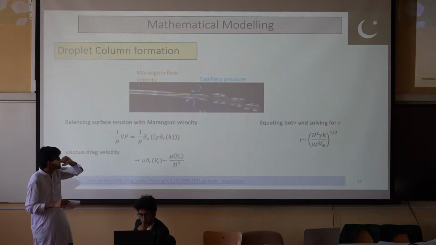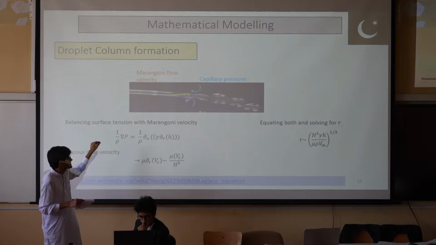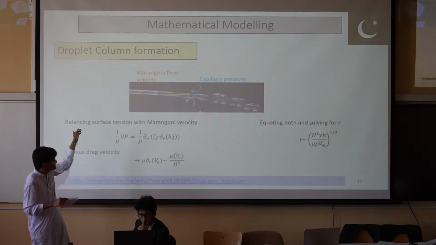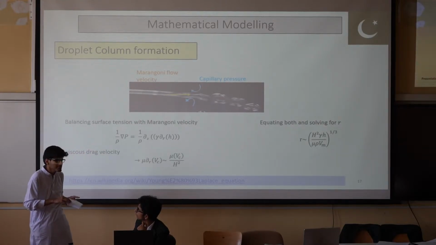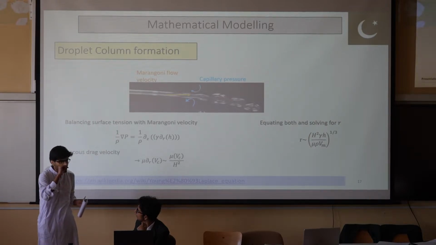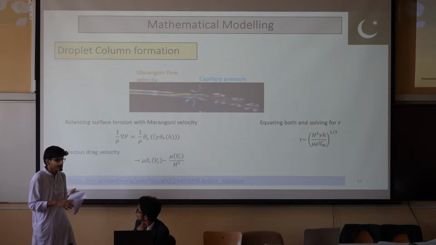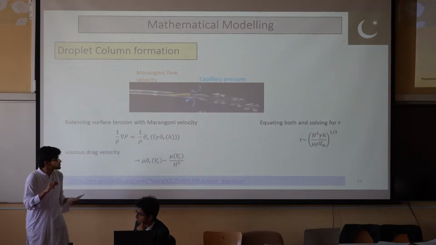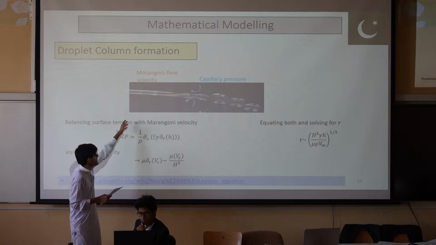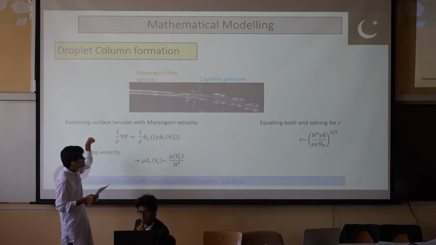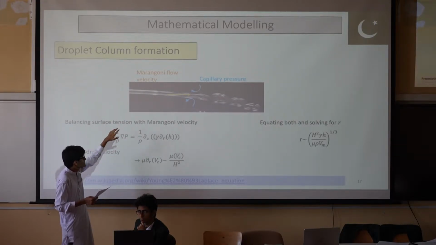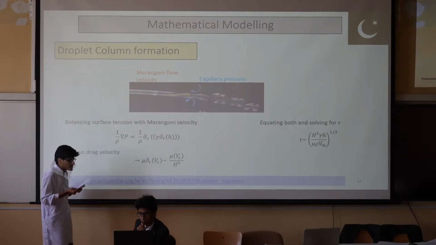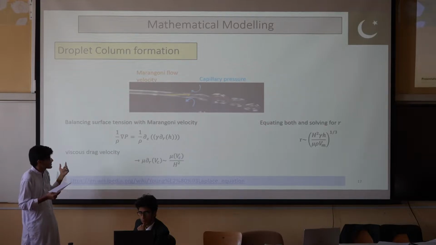So what we imagine is happening here is that the rim of the mother droplet serves as a cylinder that encapsulates the overall droplet itself. By imagining it as a cylinder, we already know that the velocity within it is the Marangoni flow velocity, and the only other thing that we believe is actually causing it is capillary pressure.